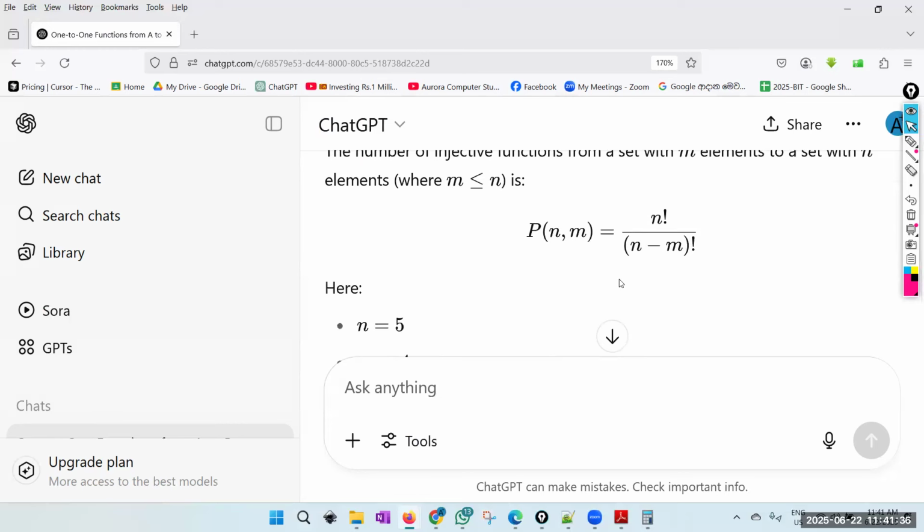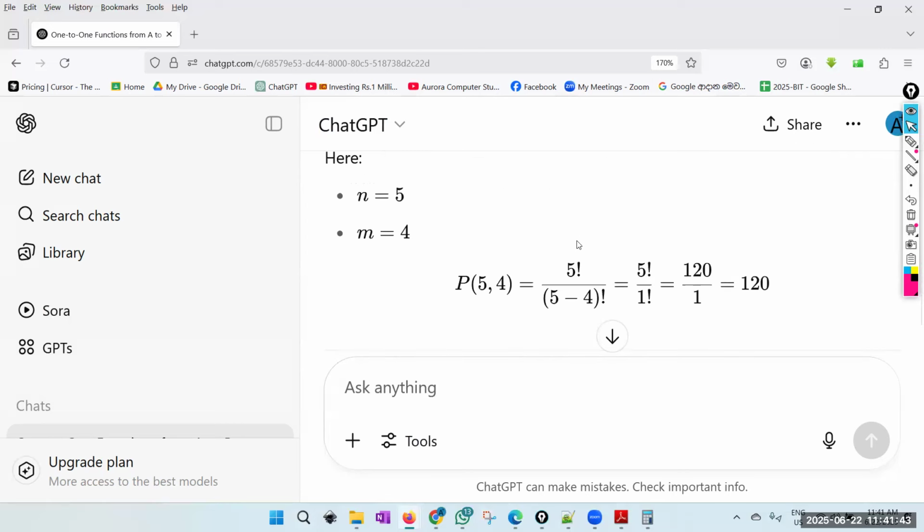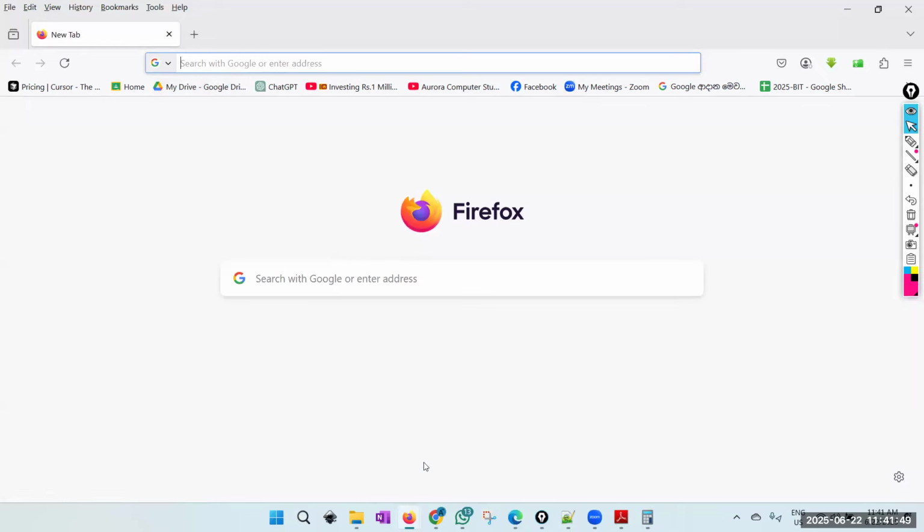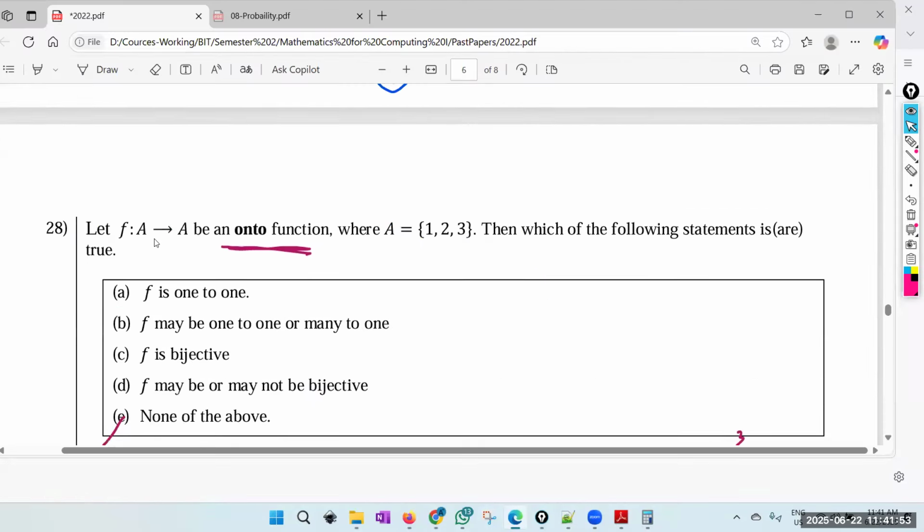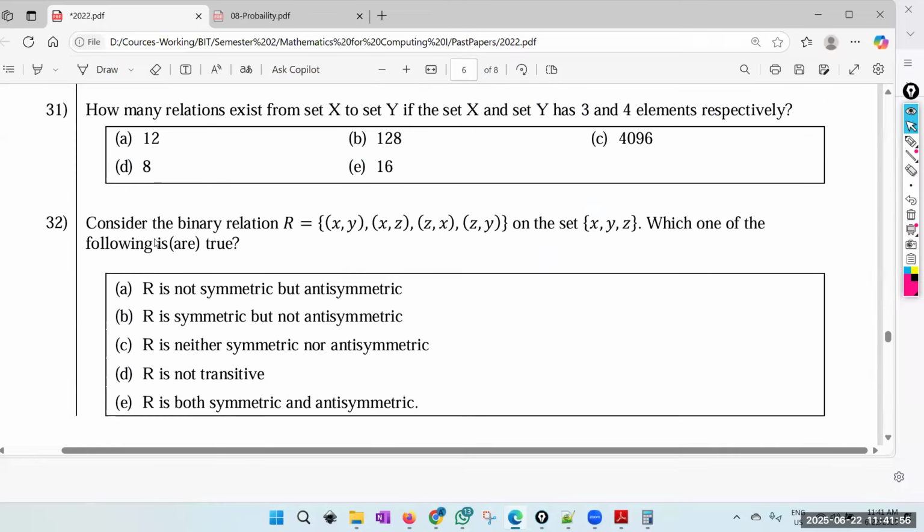Out of n elements, how many ways we can arrange m elements, linearly? Anyway, I'm not very sure about that also. Okay, anyway, so did we skip any other question? Because that is the best I can explain. I don't think so, right?